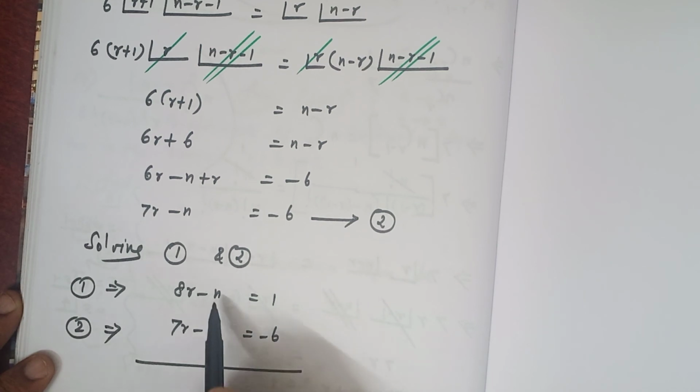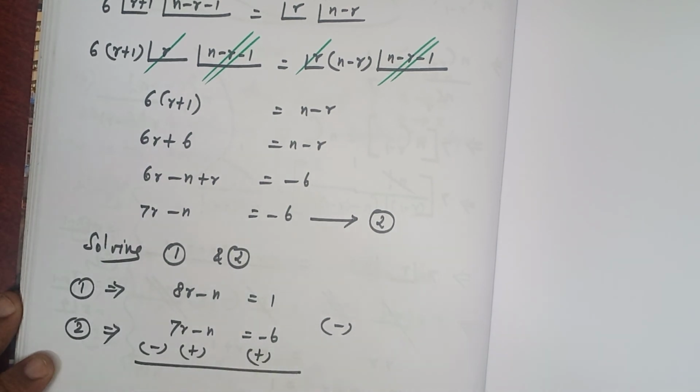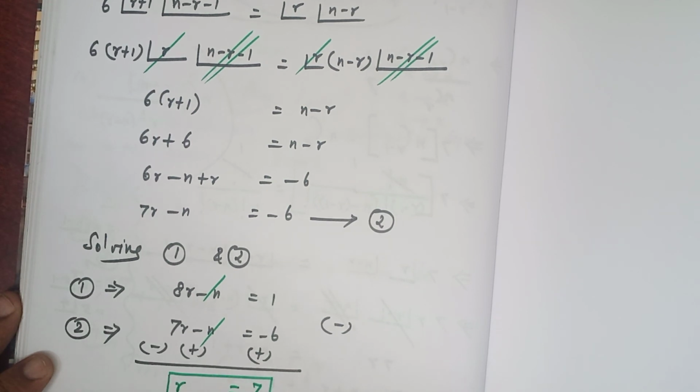Now for cancelling minus n, here minus n, it should be plus n, so you have to change the sign. That means plus 7r becomes minus 7r, minus becomes plus and minus becomes plus. Now minus n plus n get cancelled. 8r minus 7r, that is equal to r. Here 6 plus 1, that is equal to 7. I got the value of r.